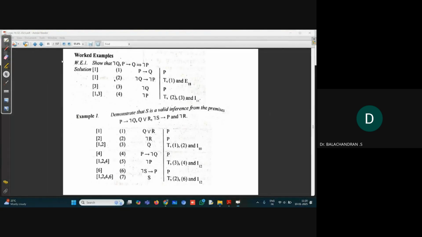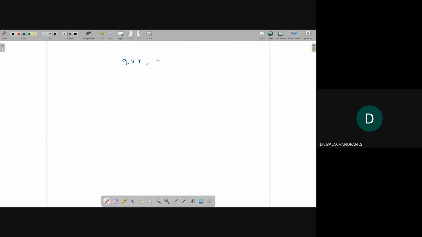Negation R. Now from this you'll get actually Q or R is nothing but negation R or Q. So negation R implies what? Q. Negation R implies Q, and then negation R.